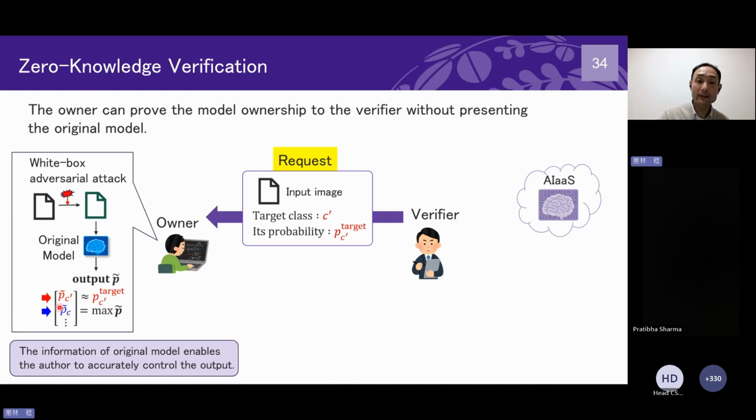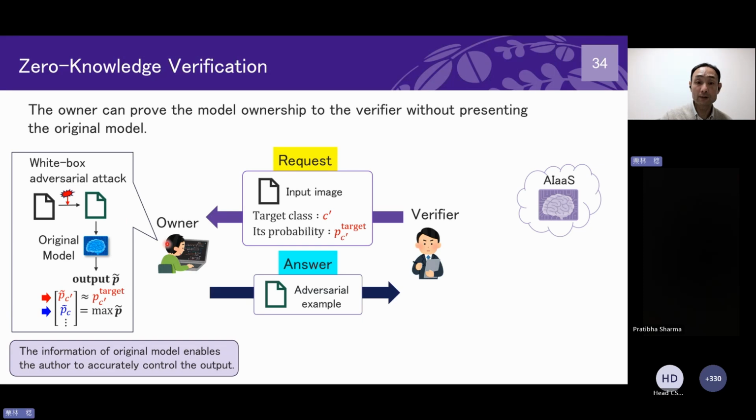And this is the original class, which is also still the dominant probability. Therefore, it is the top one, and this adversarial example can be classified as the original class. Okay.